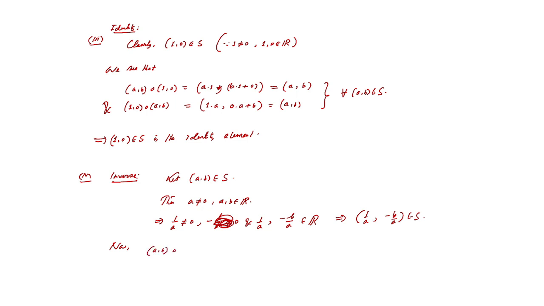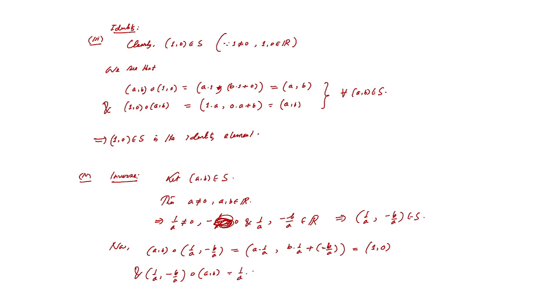Now we check (A,B) ∘ (1 by A, minus B by A). What will be the value? A into 1 by A, comma B into 1 by A plus minus B by A, and that will be (1,0). And also you will check (1 by A, minus B by A) ∘ (A,B).